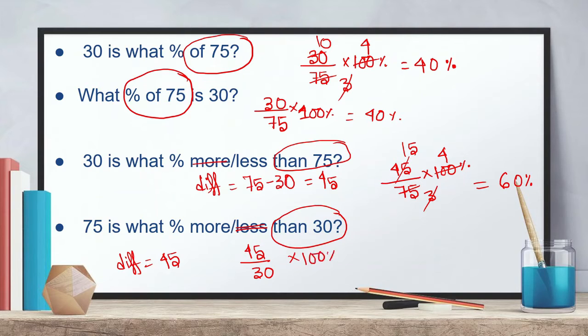It will be multiplied by 100%. 3 15s are 45, and it is 150%. So 75 is what percentage more than 30? It is 150%. Clear? Okay. Let's move to the next slide.